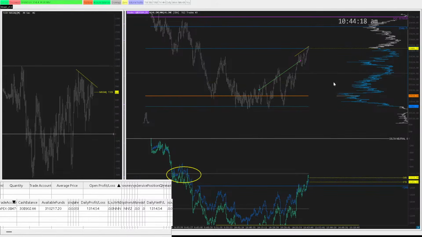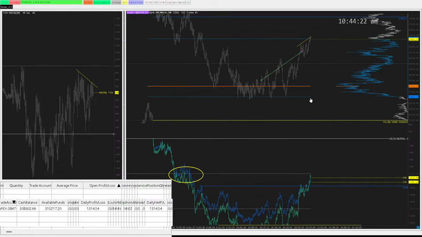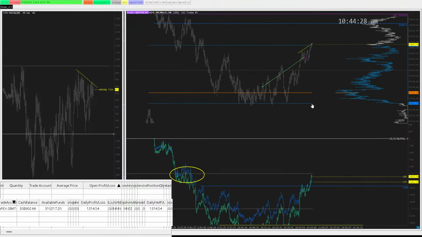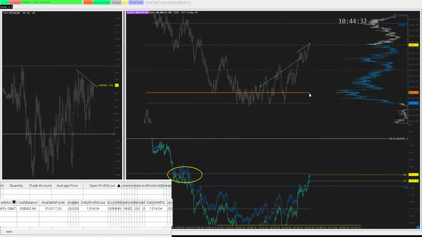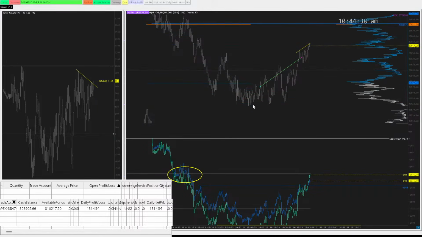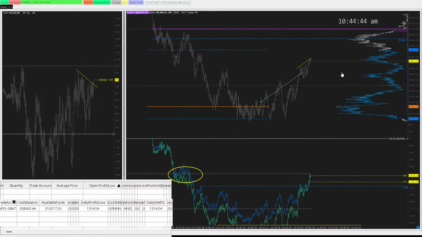But also, I'm going to back off the profile. So I'm backing off the fixed range volume profile to just right here, and look what we're hitting.